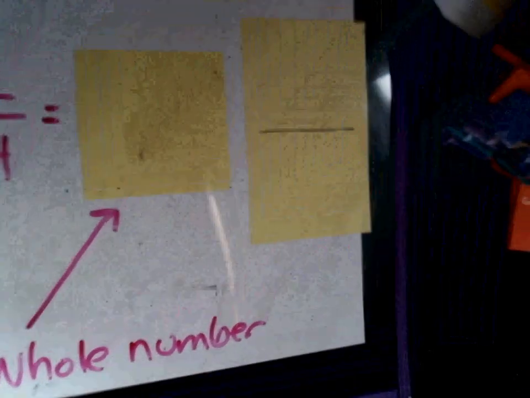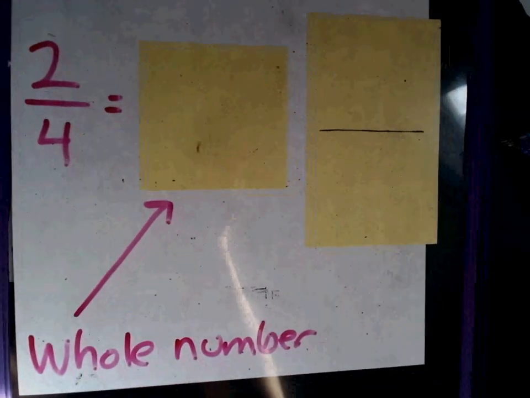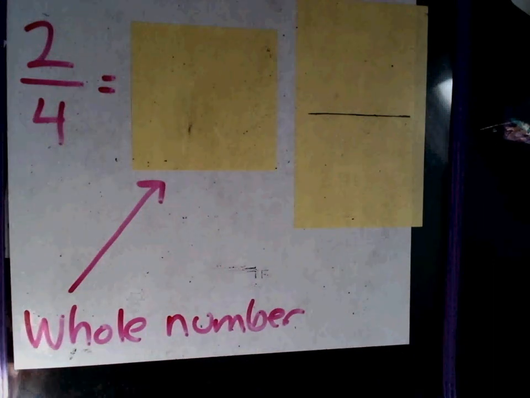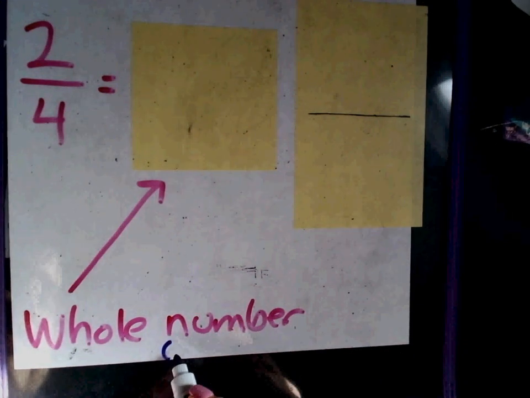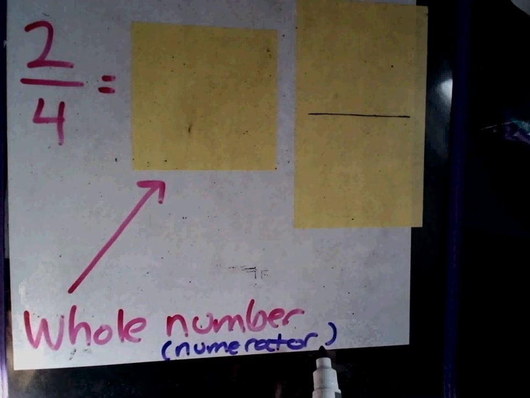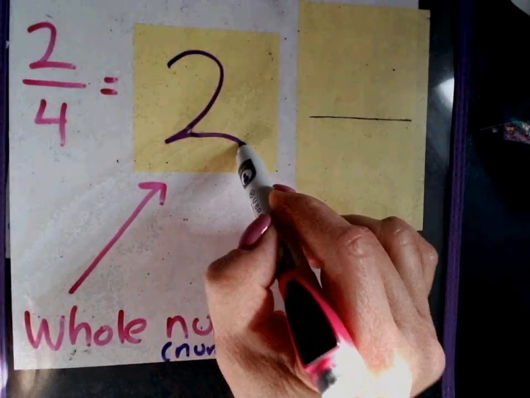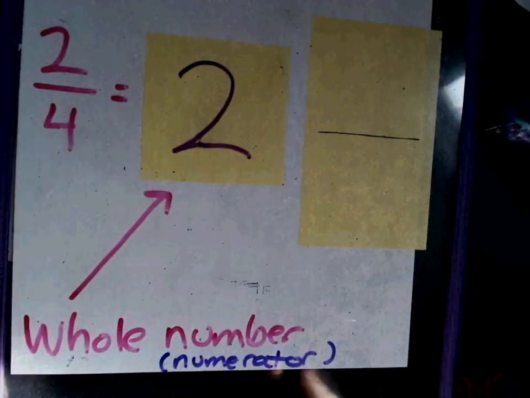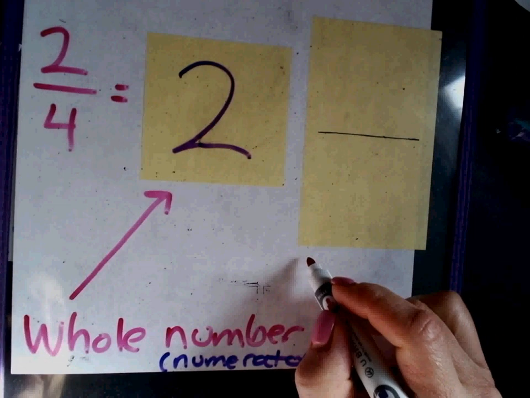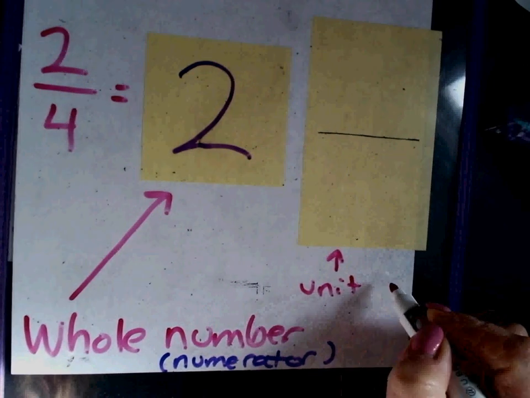Okay, let me lift this up a little bit so you can see a little bit more of what I'm doing. That whole number here will be your numerator. My numerator is 2, so I'm going to make my 2 nice and big. And then this here will be your unit fraction.